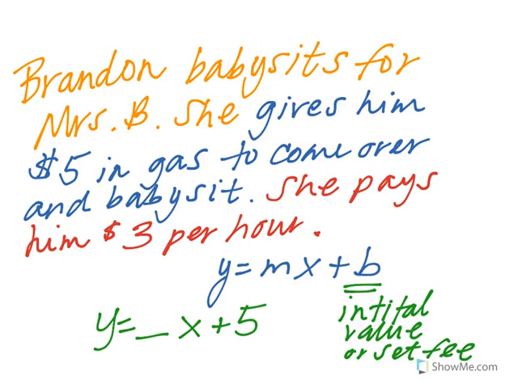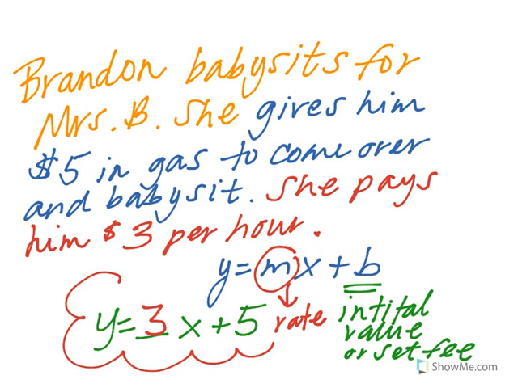If he shows up to babysit, he automatically gets $5 for gas. Now the rate we know would be the slope. That's the rate per hour. So his rate per hour would be $3. So we learned how to write equations using the rate and the initial value or the set fee. So we could use this equation to figure out the total amount that he makes babysitting based off of how many hours that he worked.